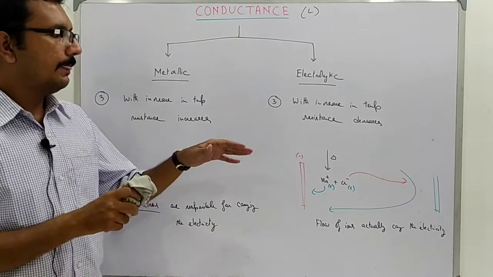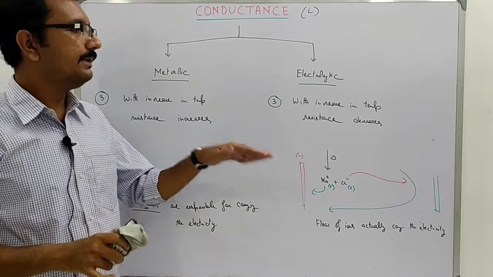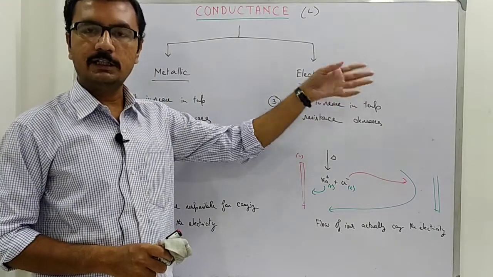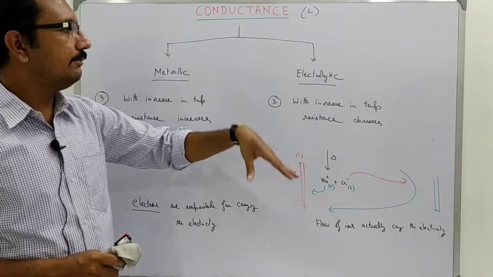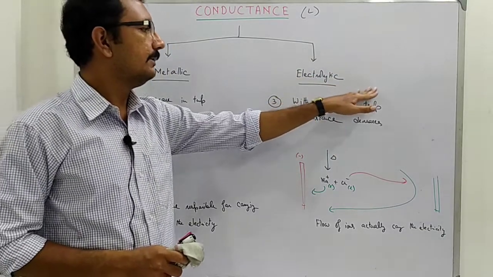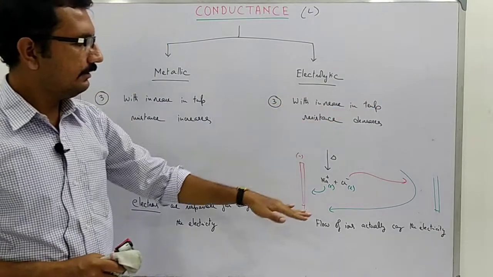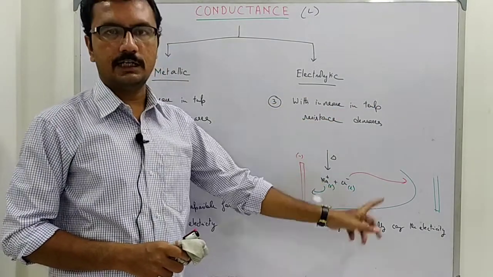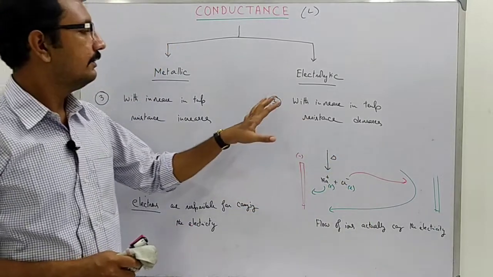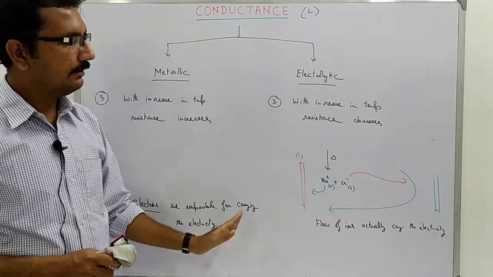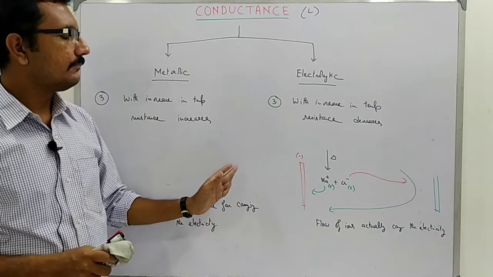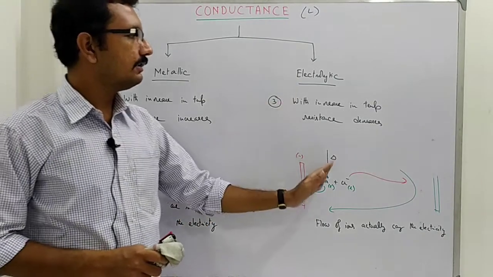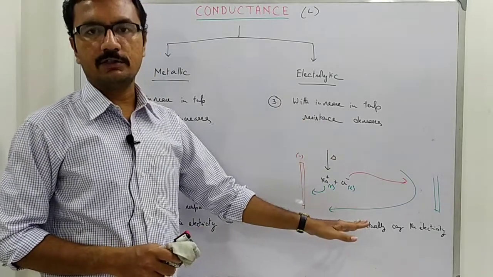Now, our focus will be mainly on this electrolytic type of conductor. So, in electrochemistry, we will deal with electrolytic conductors only, and here you see the electricity is being conducted by ions, the cations and anions, and we have learned today that we have to deal with conductance of this conductor, specific conductance of this conductor.